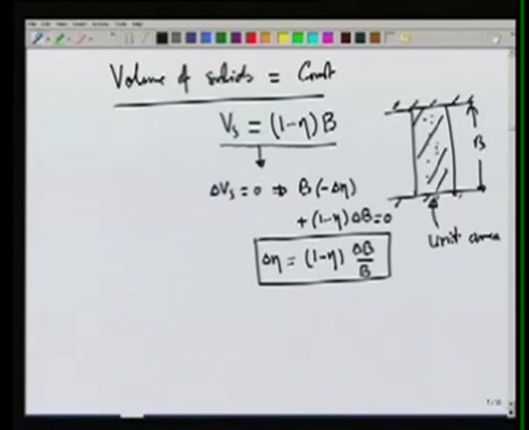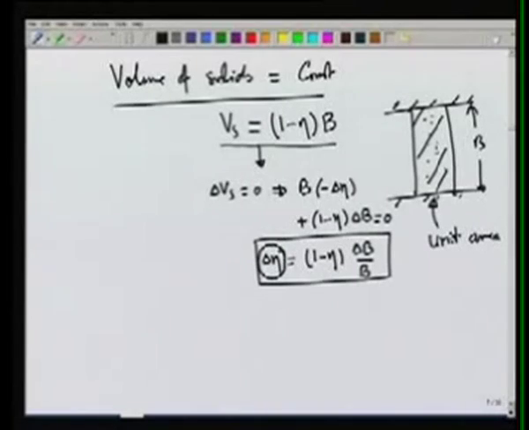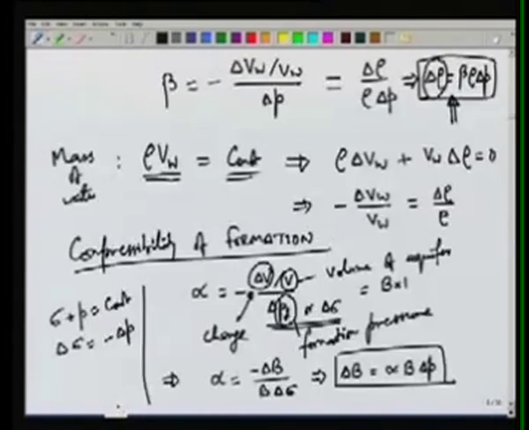So now we have all three parts of the equation formulated. Delta eta from here, which is a function of delta B. Delta B we have from here, and delta rho we have from this equation.